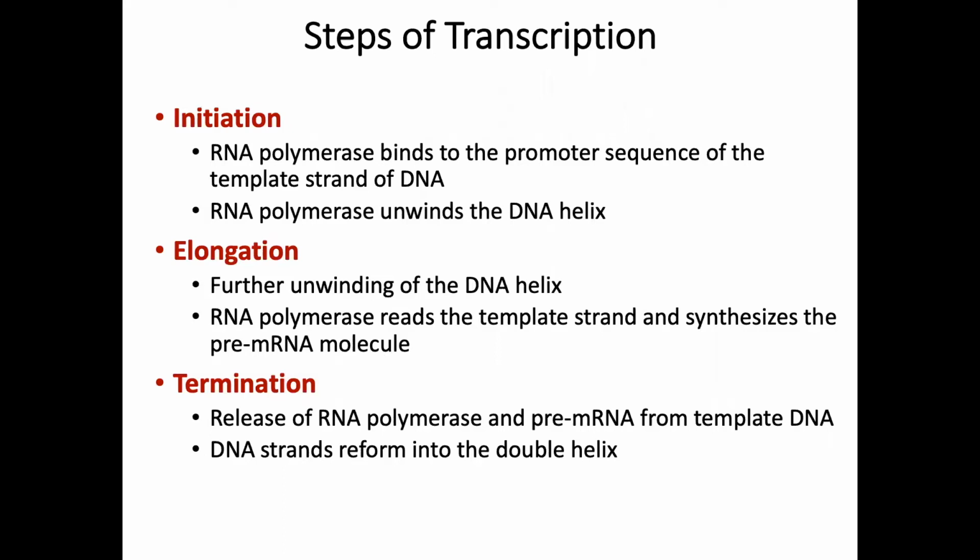During transcriptional elongation, RNA polymerase further unwinds the DNA helix, reads the template strand and synthesizes the pre-mRNA molecule. Transcriptional termination is a process that releases RNA polymerase and pre-mRNA from the template DNA. Once the transcription is completed, DNA strands reform into the double helix.